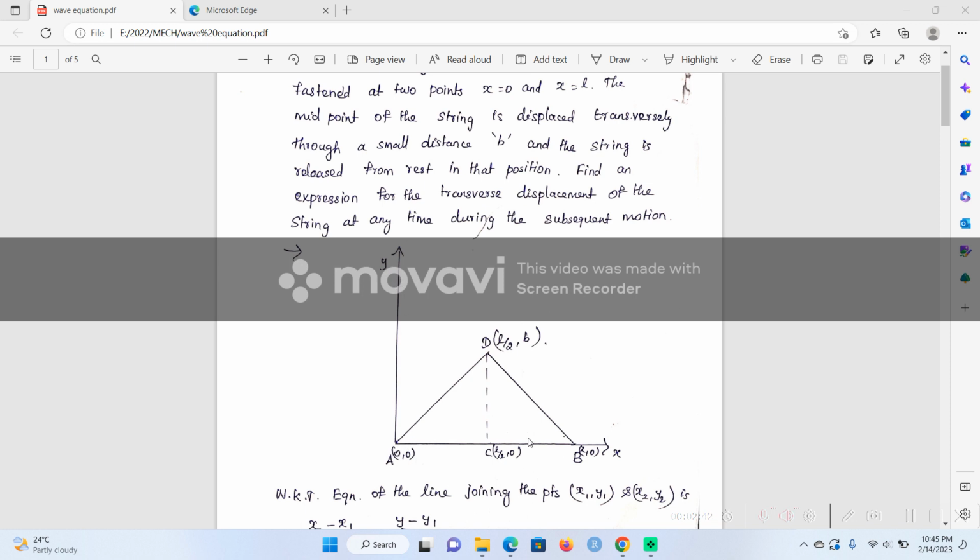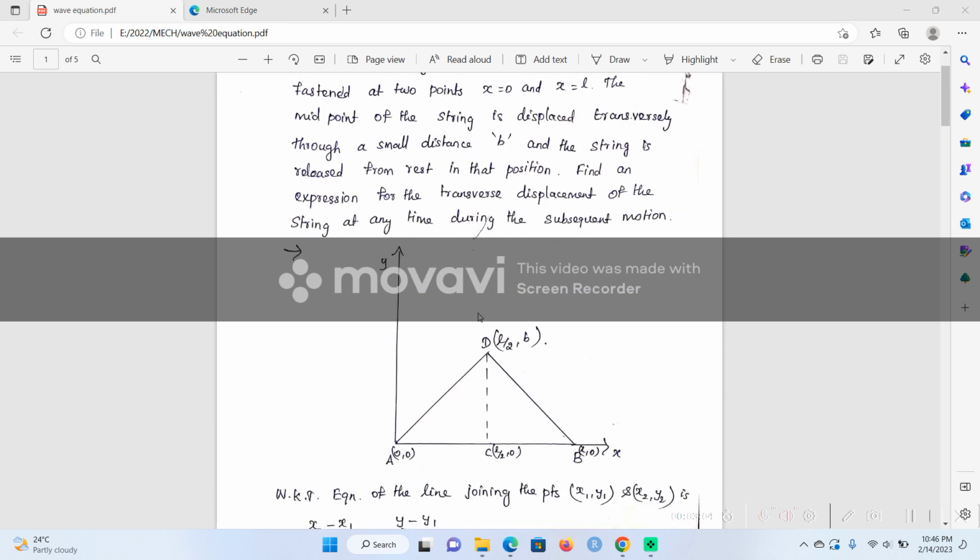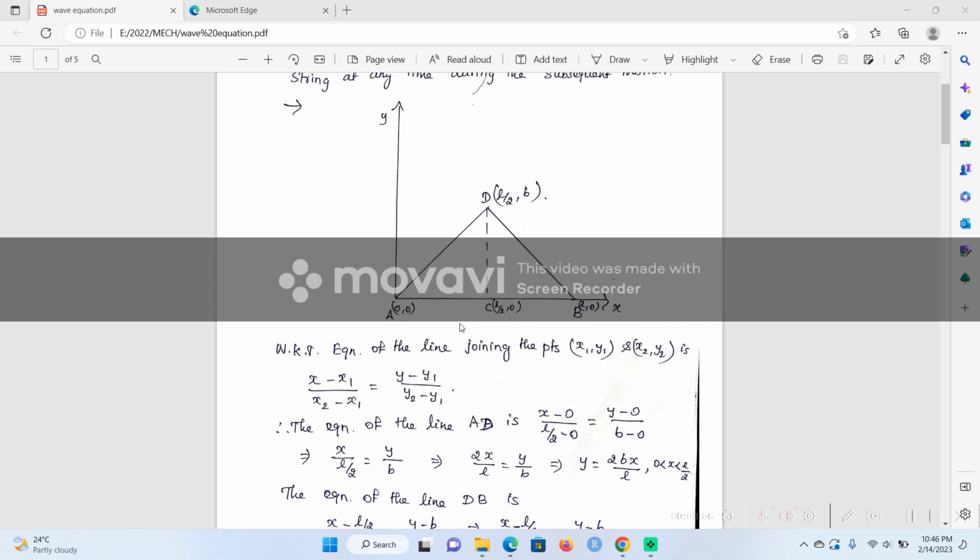So the length of the string is mentioned on the x axis and displacement is mentioned on the y axis. It is given that the length of the string is L. So I am considering A and B as the two end points of the string. So the total length of this one is L.